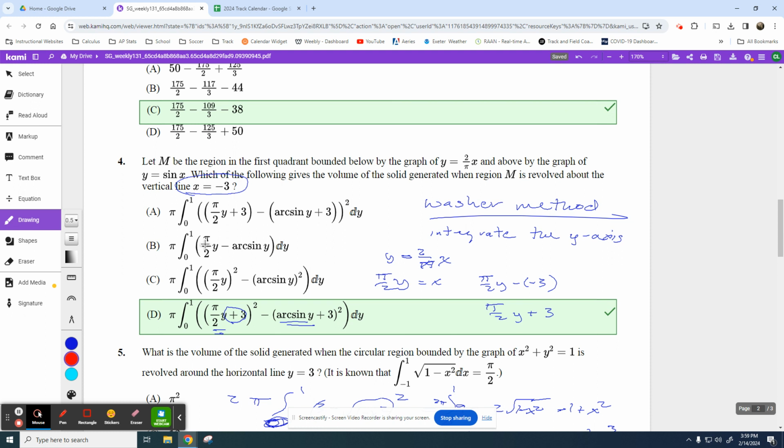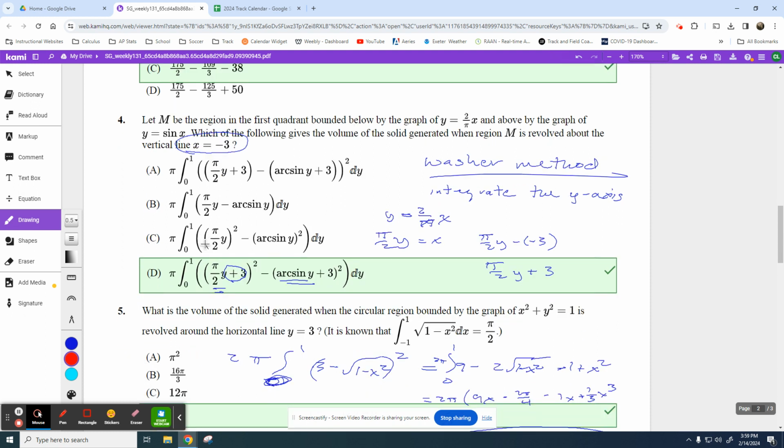This one here is a washer method. Here, we're revolving it around the vertical line x equals 3, so it's a washer method. It also is an integration on the y-axis, because when we cut, we're going to cut left and right, so we're going to integrate on the y.